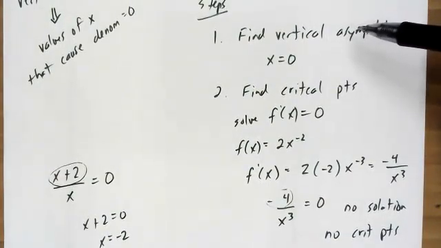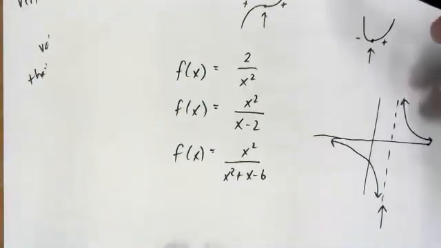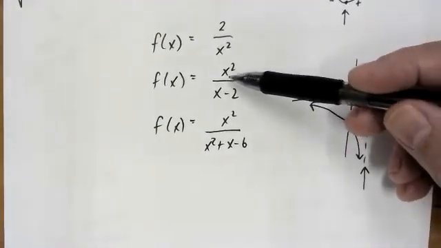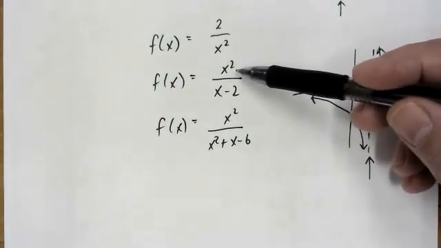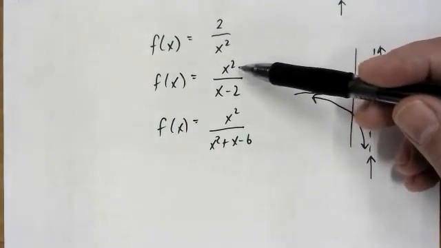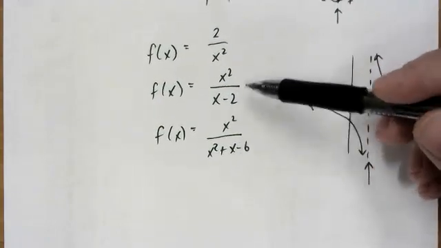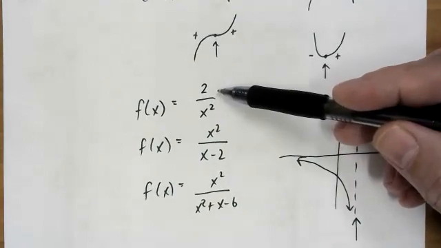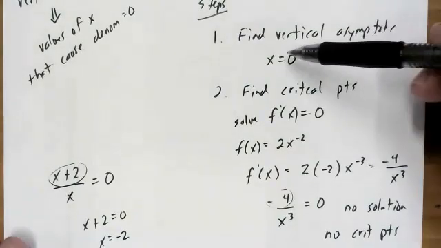Now, in the remaining problems we're going to work, I believe with these last two, we will end up having both some critical points and some vertical asymptotes. Turns out this first problem, we don't have any critical points, but we do have a vertical asymptote.